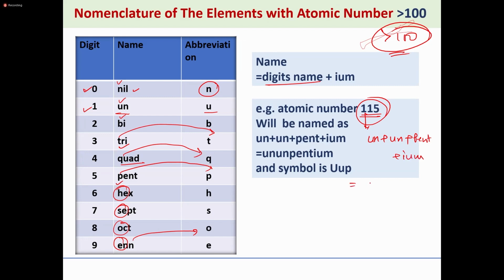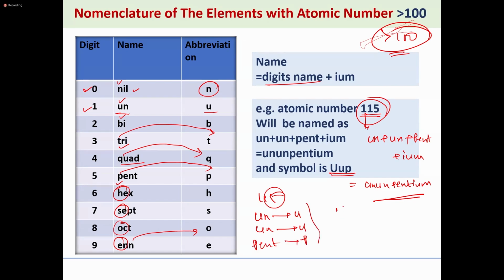The naming will be ununpentium. But what will be the symbol for this 115? U is coming, another U is coming, and for pent, the P is coming. So the symbol will be capital U, U, and P.